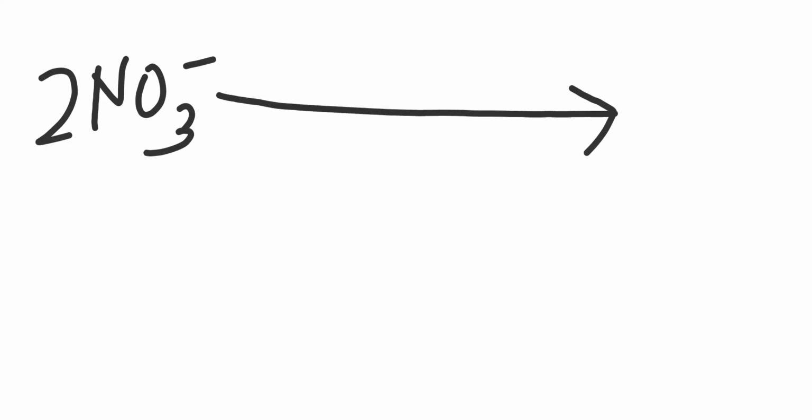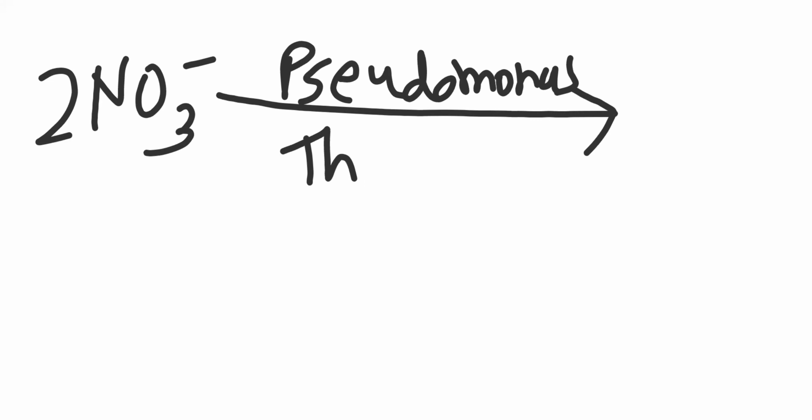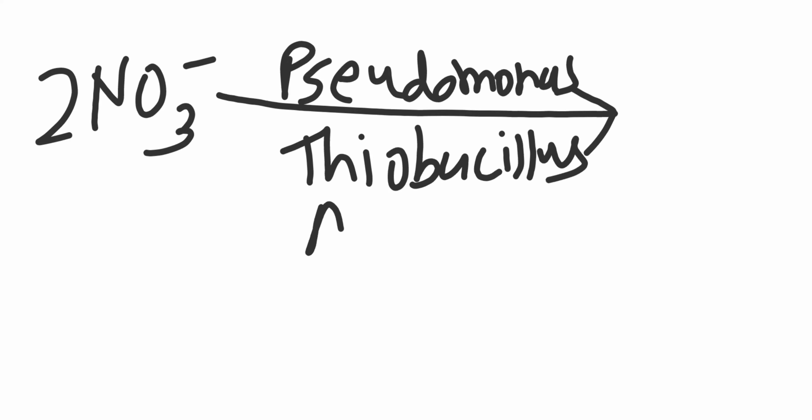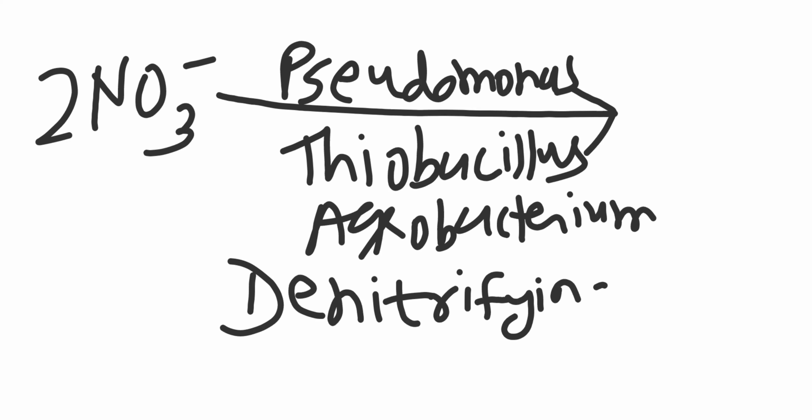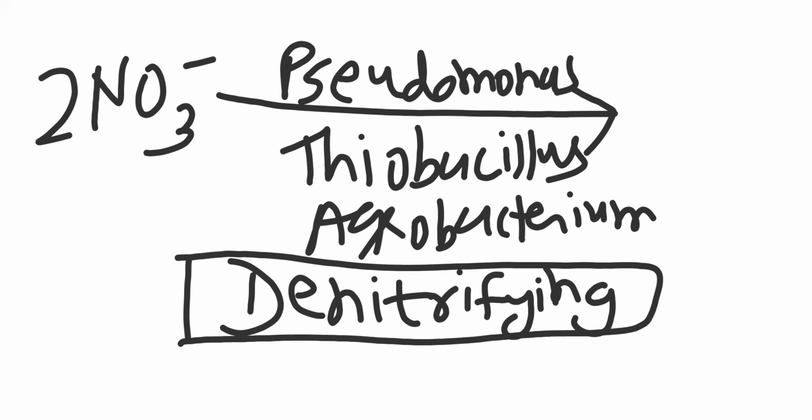In the soil, different types of microbes are there. Some of the microbes like Pseudomonas, Thiobacillus, Agrobacterium. These bacteria are examples of the denitrifying process, right?